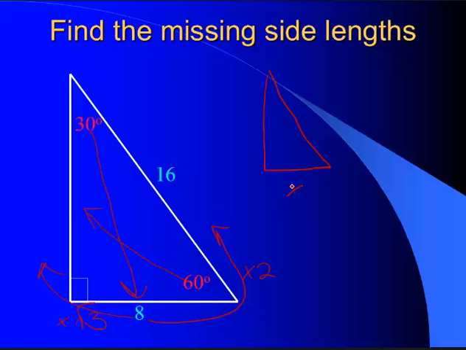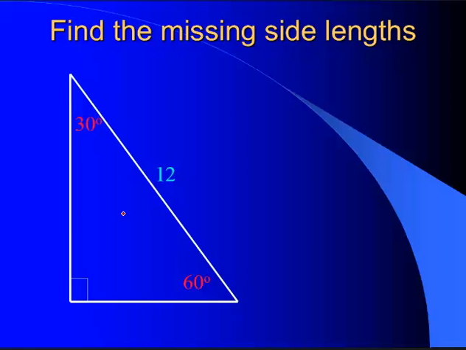The short side is x. Hypotenuse is twice that. Long leg is square root 3 times that. So I'm just going to take this 8 and put a square root of 3 next to it. Do not do this on a calculator. I do not want to see decimals. You need to leave it in radical form.